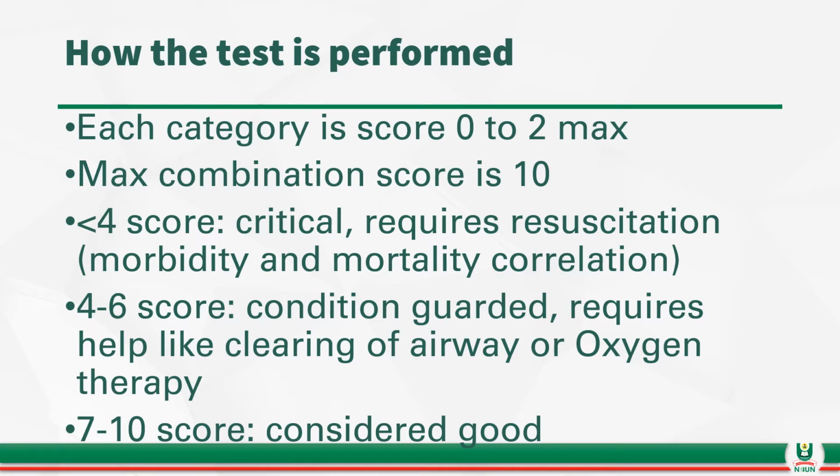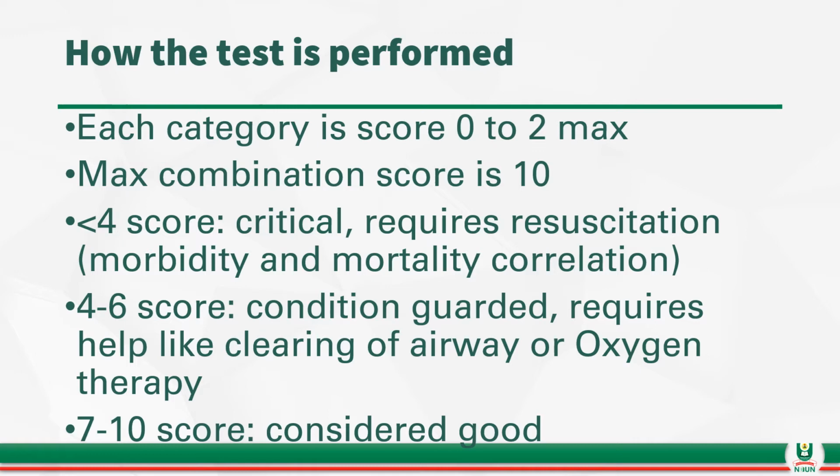So when you score a maximum of 2 on each of the 5 elements, 2 times 5, you have a maximum combined score of 10.